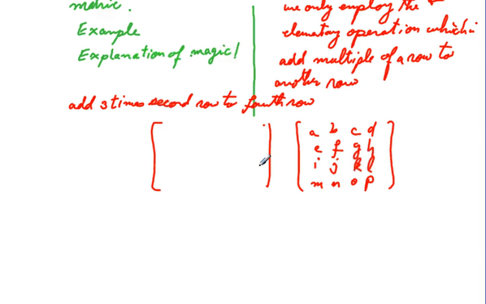All such operations can be represented by matrix multiplication, and those matrices were very easy to organize, very easy to invert, and so on. So what is the matrix that does this?